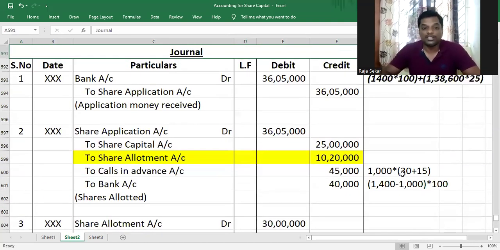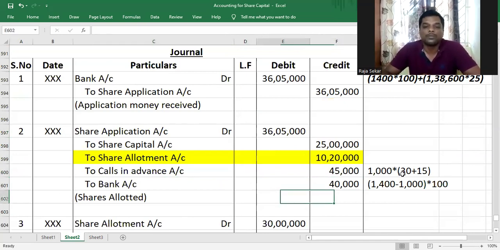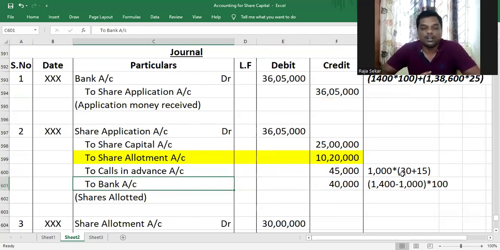And while computing the application money received, we'll have to compute the application money received from that shareholder separately and from all the others separately, and then add up in order to find out the total application money received. And we got to be careful as they paid money in advance, we'll have to credit calls in advance. All of those things come into play when you receive the entire amount due on shares along with application money on certain shares.